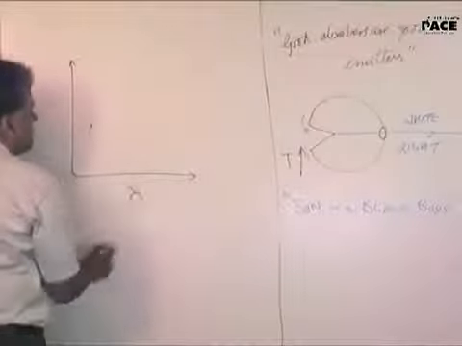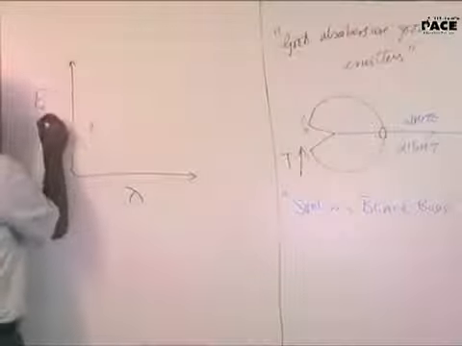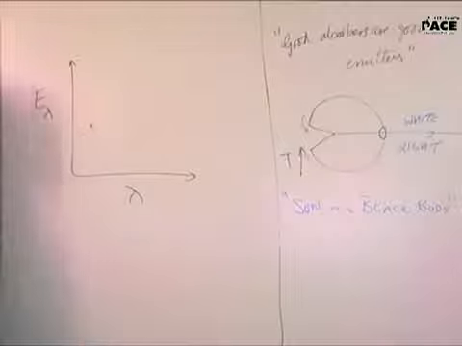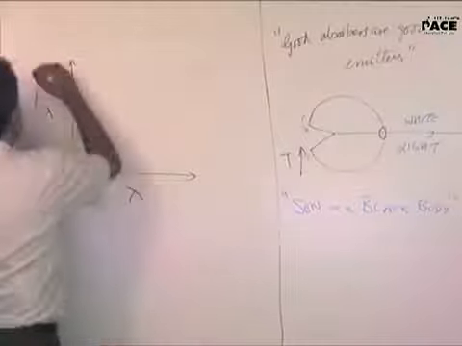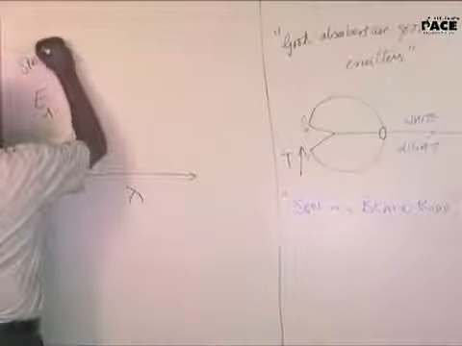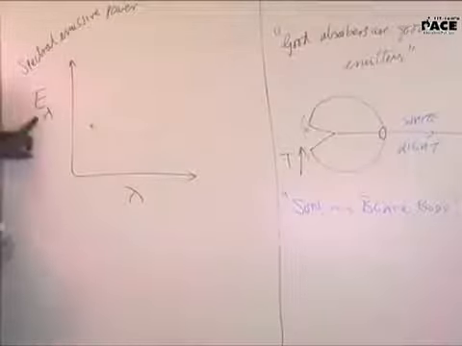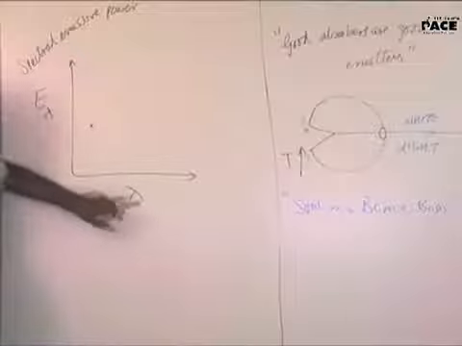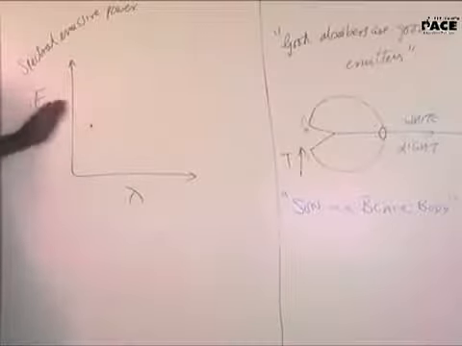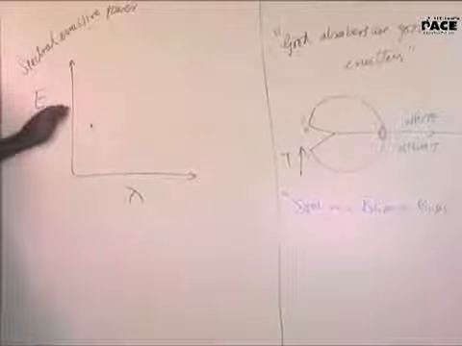If you heat a body and plot a graph between E lambda and lambda, E lambda is called spectral emissive power. This is the energy emitted per unit for a given wavelength. If you talk about just energy emitted, that's called emissive power.